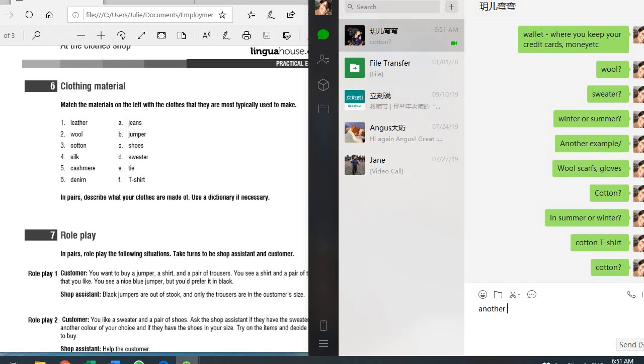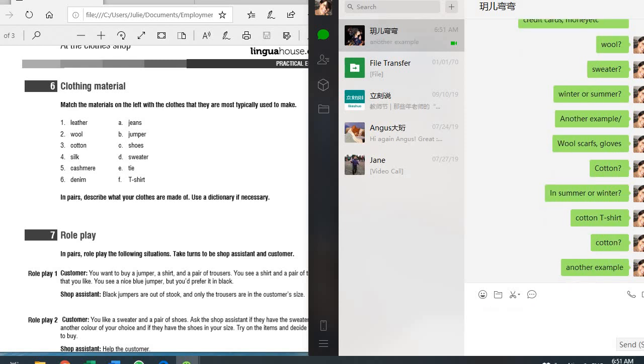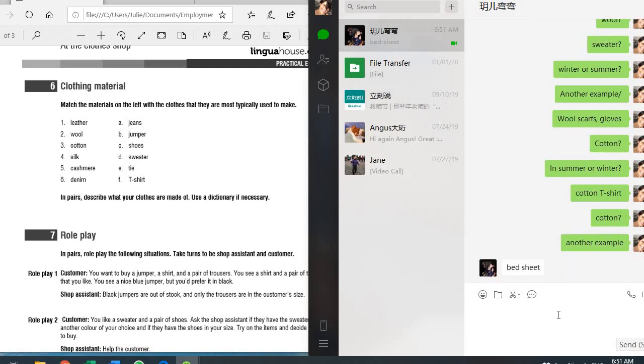Another example. I think a lot of things are made from cotton, like the bed sheet. Bed sheet. Exactly, cotton bed sheets, exactly.